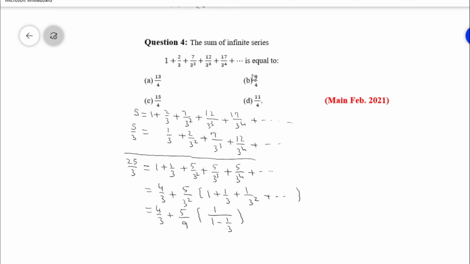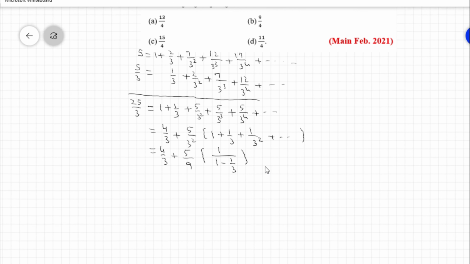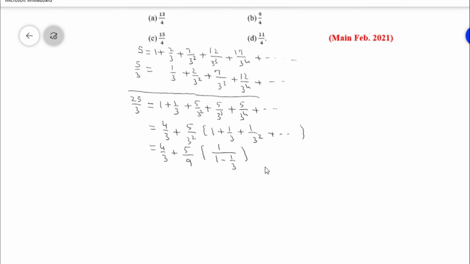If we simplify this, then we get, this will be equal to 4 by 3 plus 5 upon 9 into 3 upon 2. This will cancel with this 3. This will be 3 into 2, which means 6.